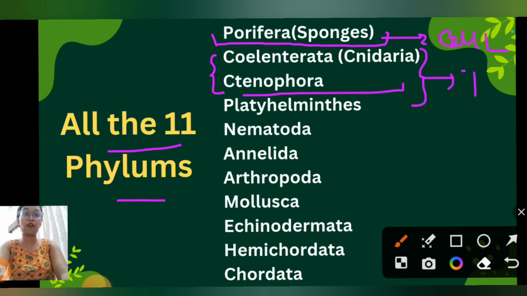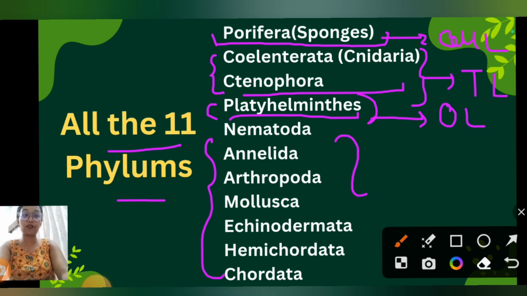Tissue level of organization. Is it clear? In platyhelminths we have seen the organ level of organization, and in the rest we have seen the organ system level of organization. It is clear to you all now?